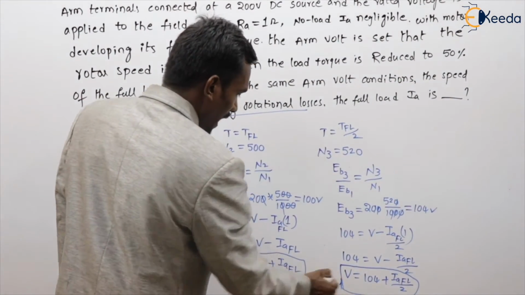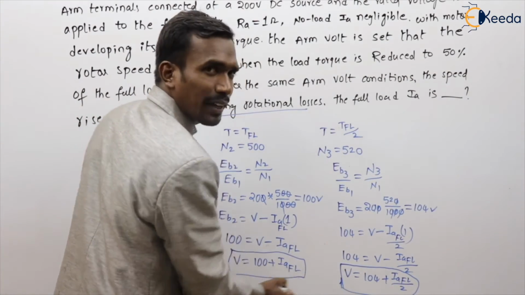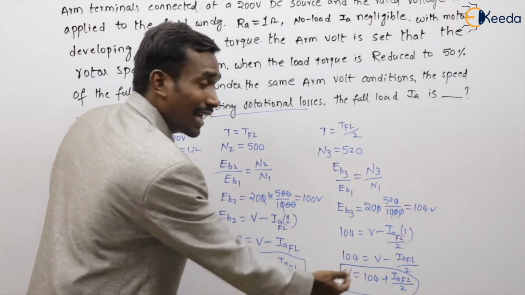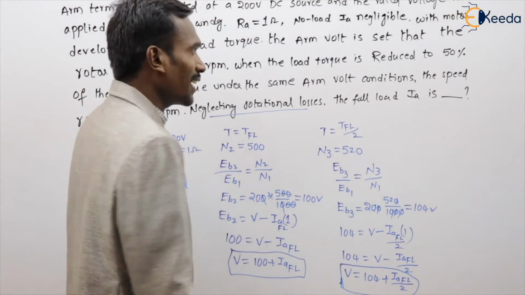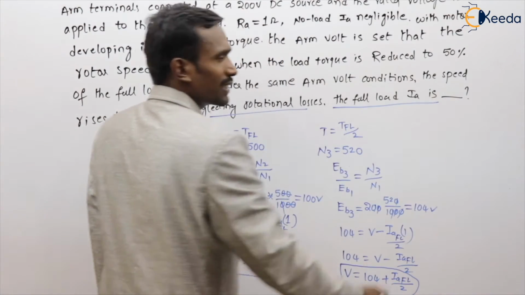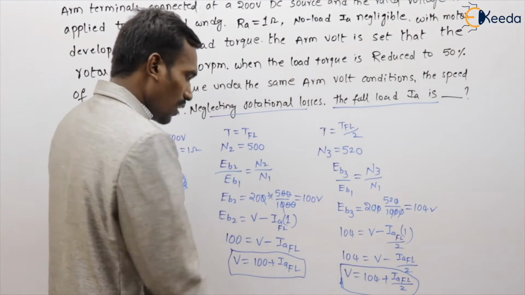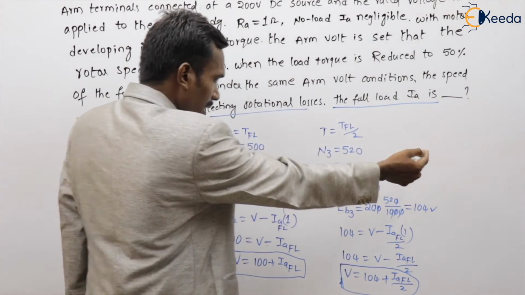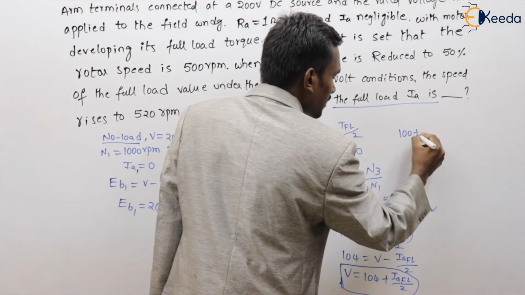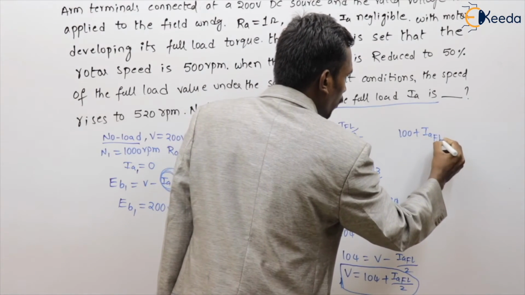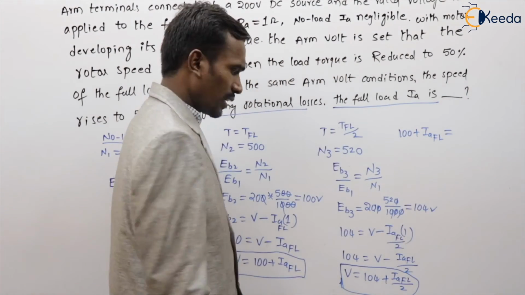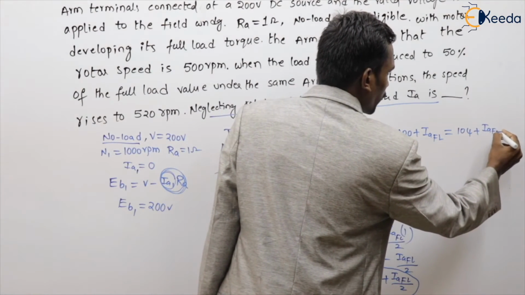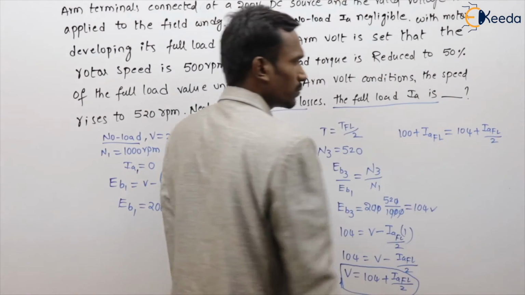This is also V and this is also V. These both are the same, so we have to equate them, and then we can get IA. What they asked is the full load armature current. So equate these two equations: 100 plus IA at full load is equal to 104 plus IA at full load by 2.